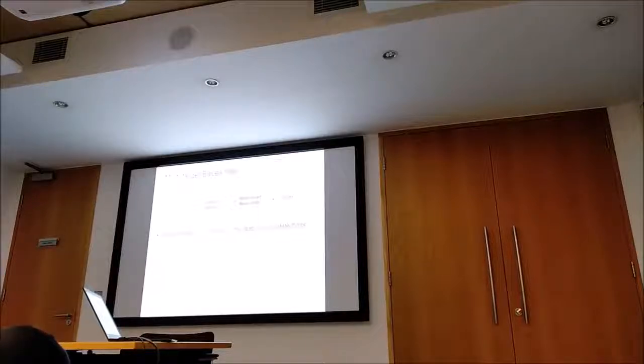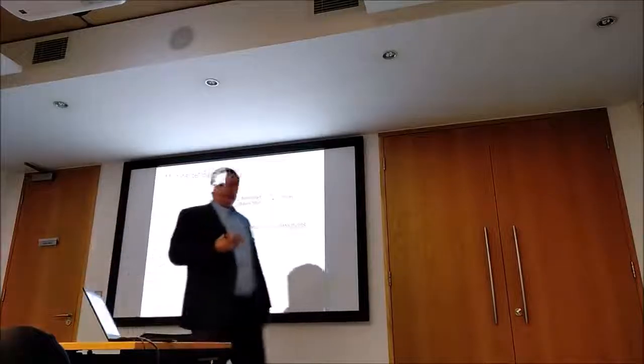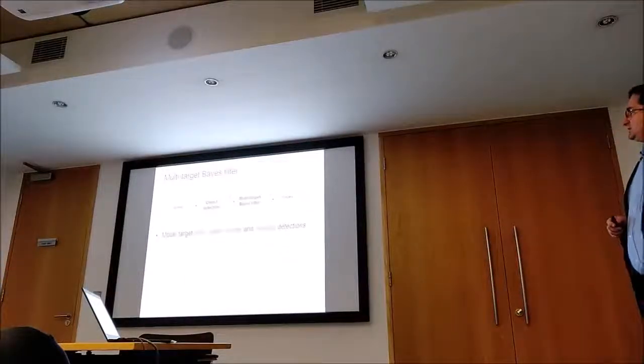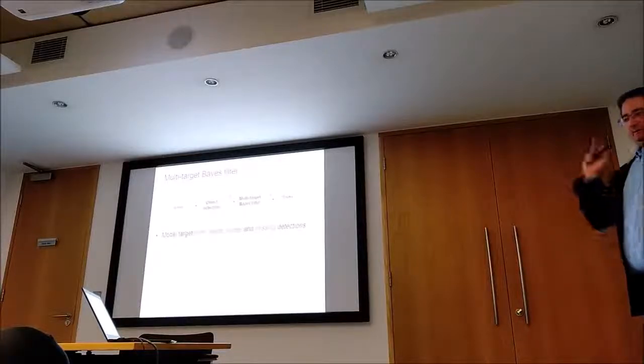And this formulation here is extremely elegant because it allows you to model very simply how a target is starting, how a target is terminated, and especially it allows you to model clutter and misdetections.